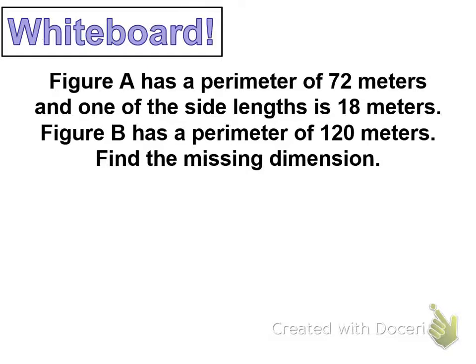So it has to be side over side, perimeter over perimeter. This is saying that these two have to be from the same shape and these two have to be from the same shape. So you're saying the side you're missing is from the figure A.